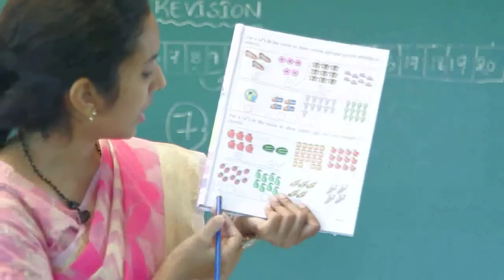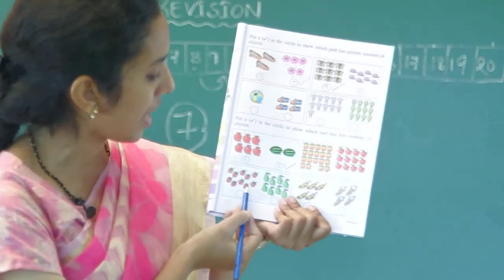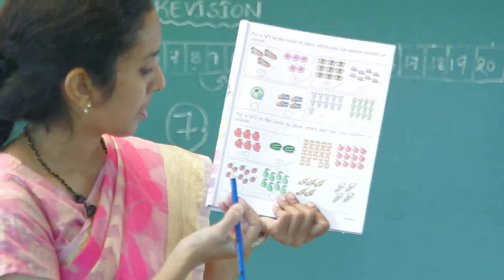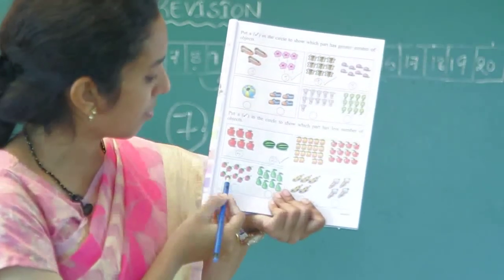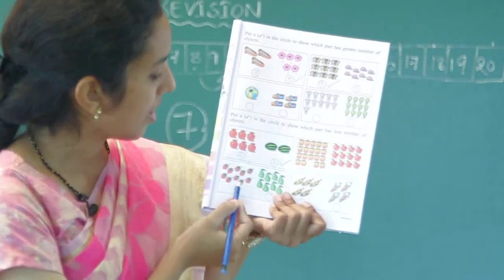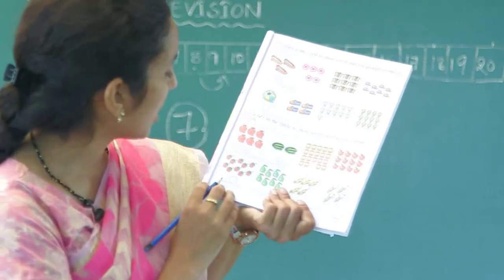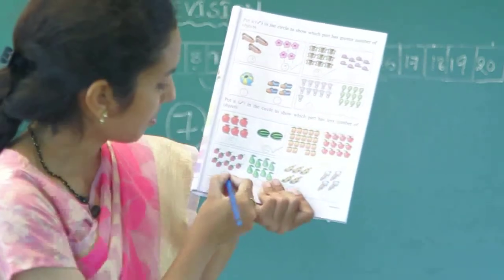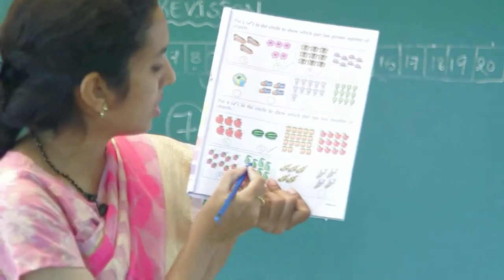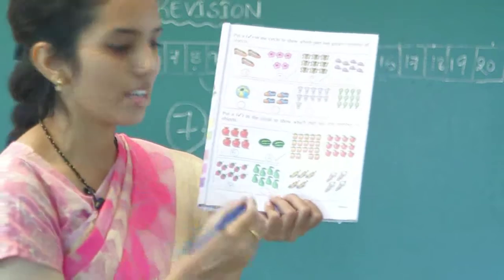2. And here 1, 2, 3, 4, 5, 6, 7, 8, 9 and 10. Okay. Once again 1, 2, 3, 4, 5, 6, 7, 8, 9 and 10. 10. What are these? I think tomatoes. 10. 1, 2, 3, 4, 5, 6, 7, 8. 8 pears are there.